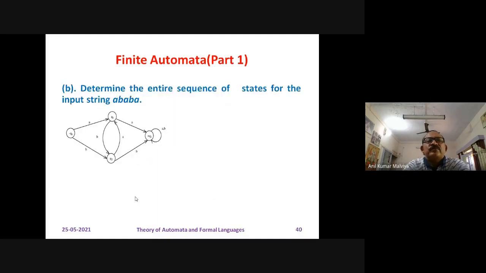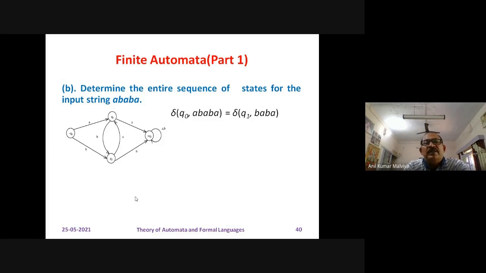Okay. Next problem. Determine the entire sequence of states for input string A, B, A, B, A. What will happen when we feed a word A, B, A, B, A to the machine? Okay.